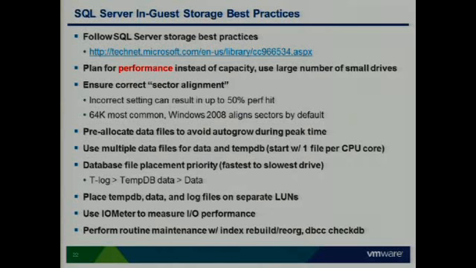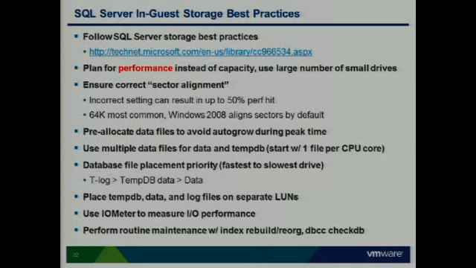Use multiple data files for data and tempDB. For tempDB, the guideline from Microsoft is to start with one tempDB file per CPU core or virtual CPU. If you have a tiered storage environment, the database file placement priority from fastest to slowest drive should be transaction logs go on the fastest drives, followed by tempDB data, followed by the data itself.